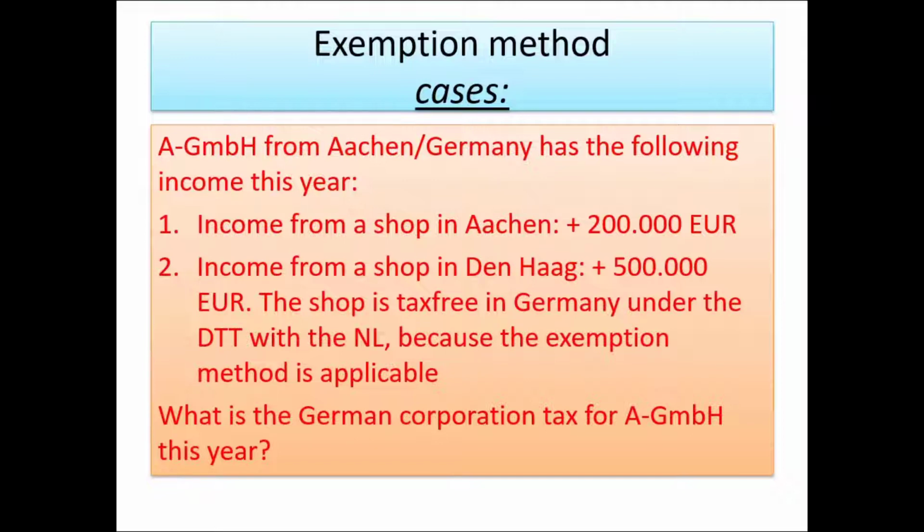The shop in the Netherlands is tax-free in Germany under the double taxation treaty with the Netherlands, because there the exemption method is declared to be applicable. Now the question is, what is the German corporation tax for a GmbH during this year? And that is a simple thing which we have to deal with and solve immediately.